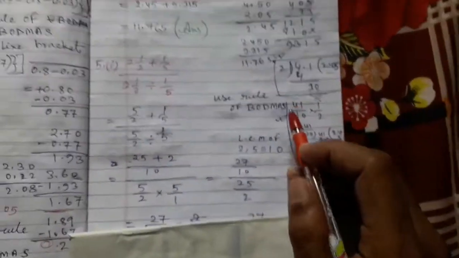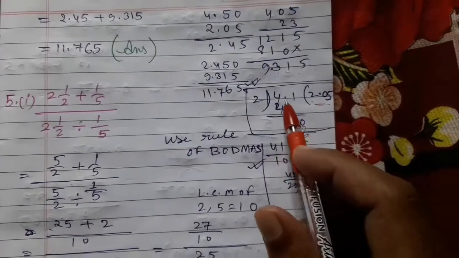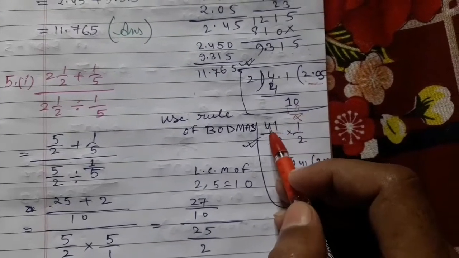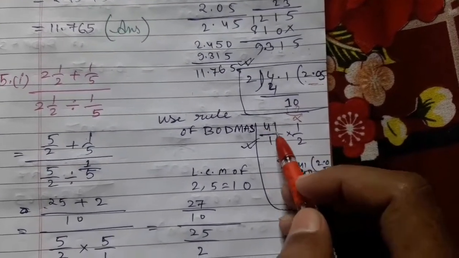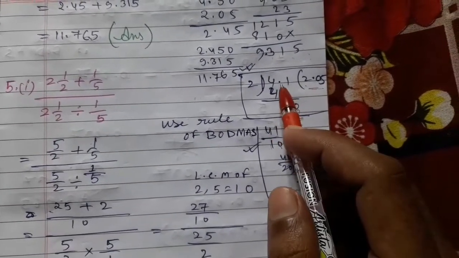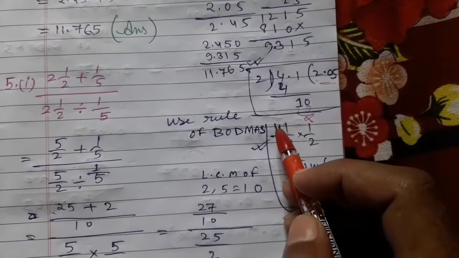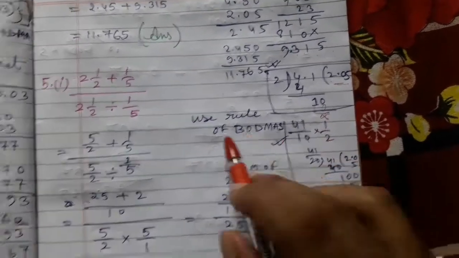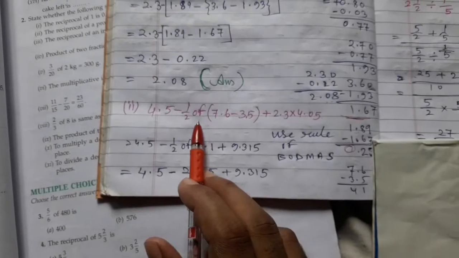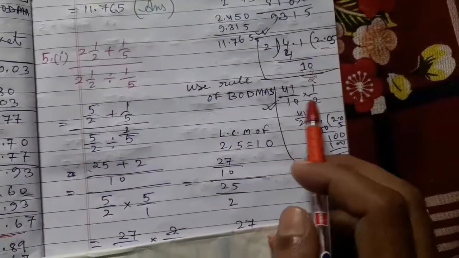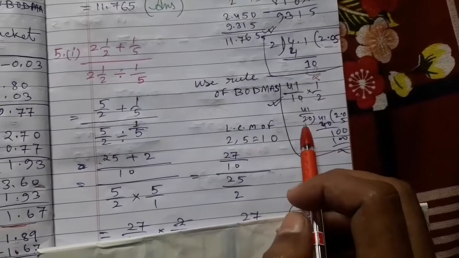There is another process for 4.1. Remove the decimal place: 41 by 10, and multiply 1 by 2, 2 times 10 is 20. So 41 by 20.